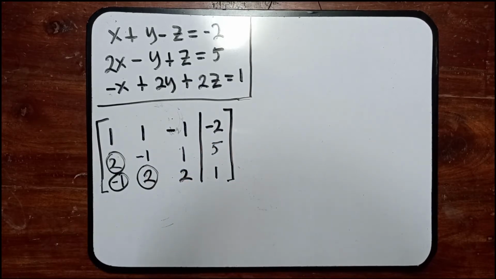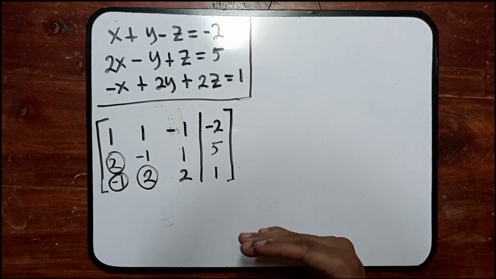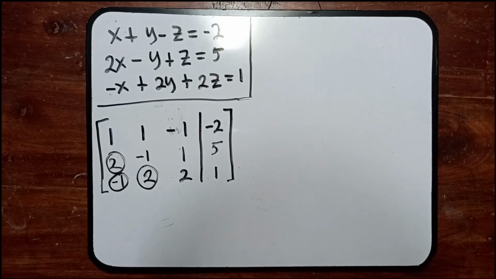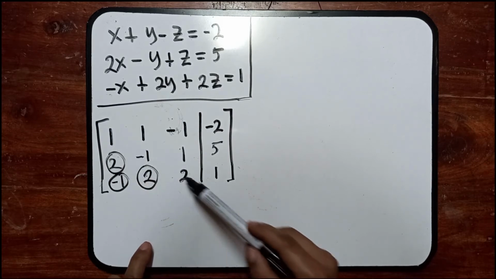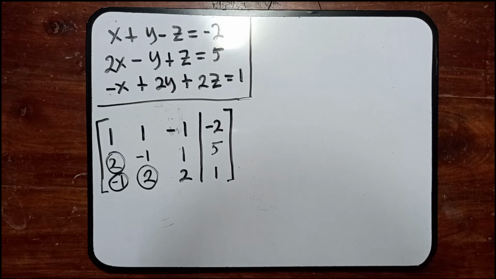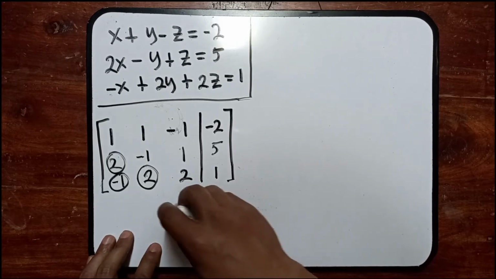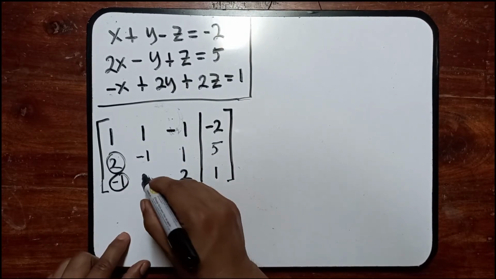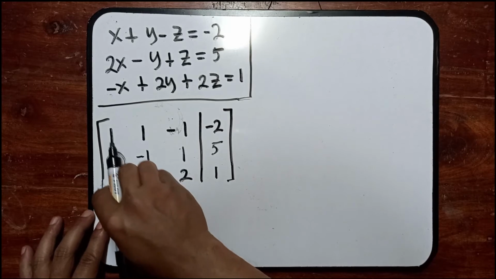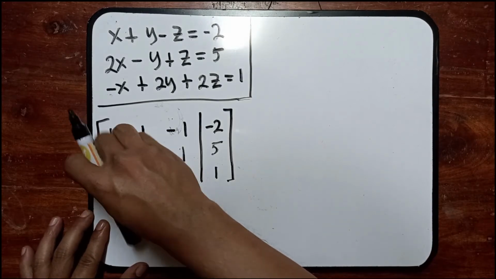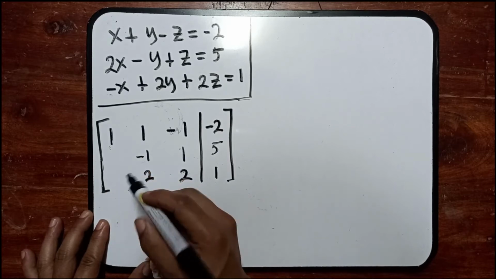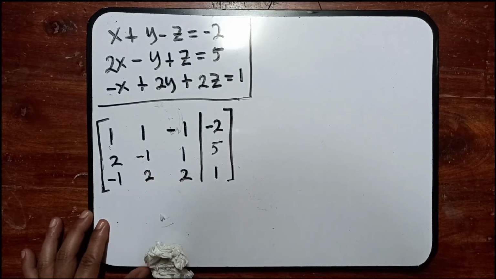So that is our goal. We will apply row equivalence until we turn the numbers in circles to 0 and the numbers in the diagonal to 1. Then after that, that's the time we will find the values for the variables. So this is 2, this is 2 and then negative 1.